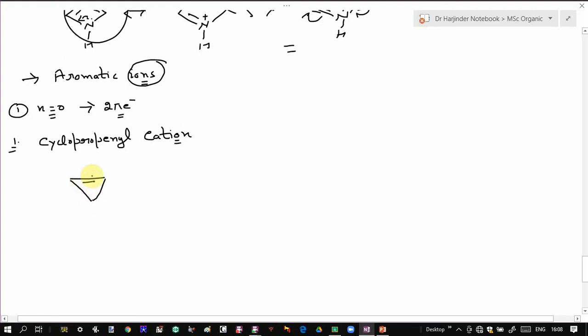Now in cyclopropene, there is just one pi bond. So there are 2 pi electrons, and these 2 pi electrons are not delocalized. Even though it has a cyclic planar structure, there is no complete delocalization of electrons, as this carbon has sp3 hybridization. So delocalization is not over the whole ring.